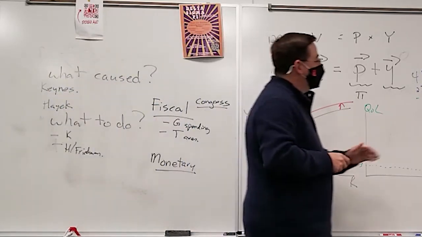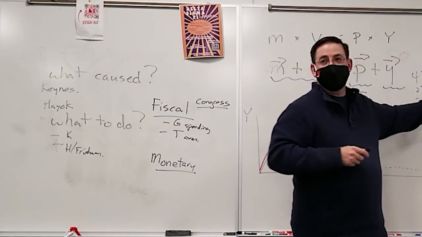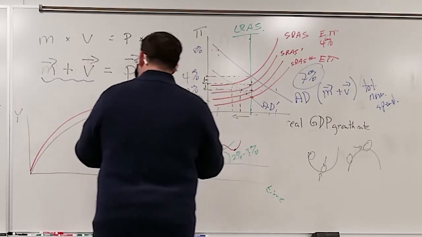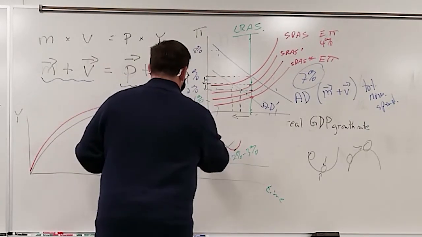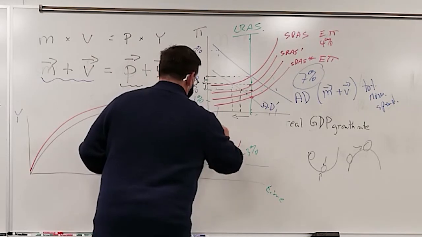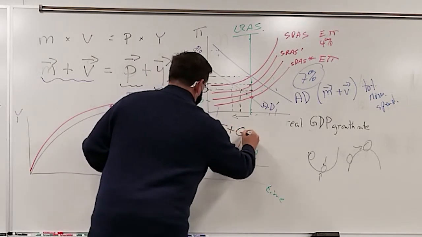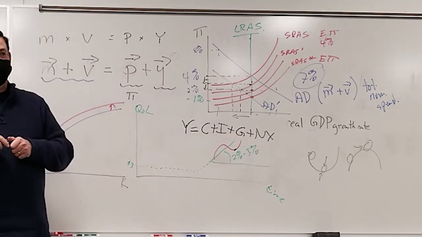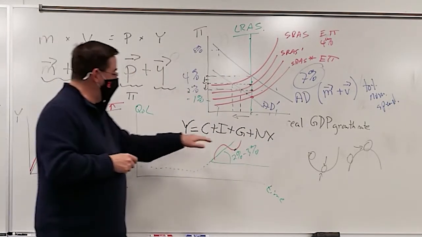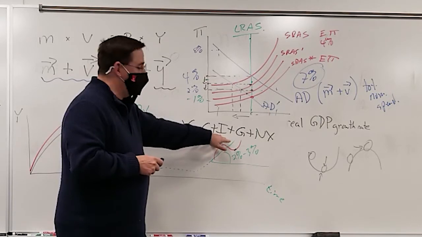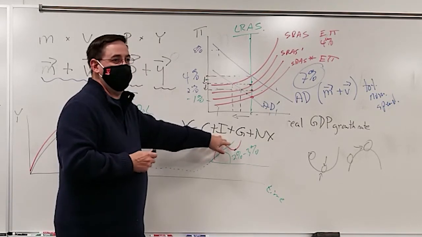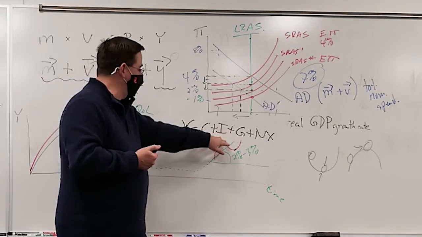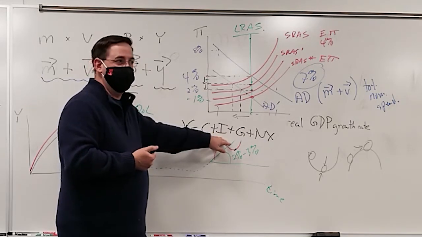So, if for some reason we find ourselves in a recession, what is happening here is that, for some reason, consumers and investors are not spending as much as they usually do.